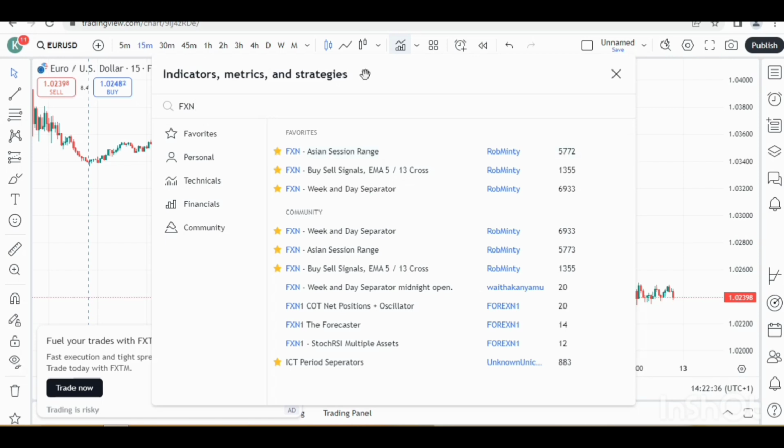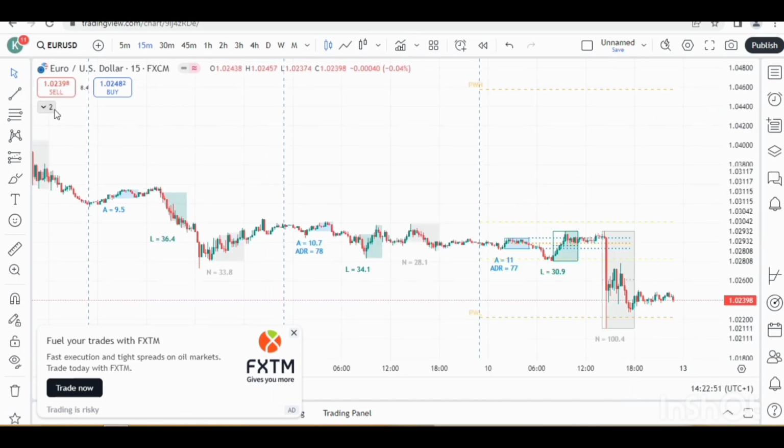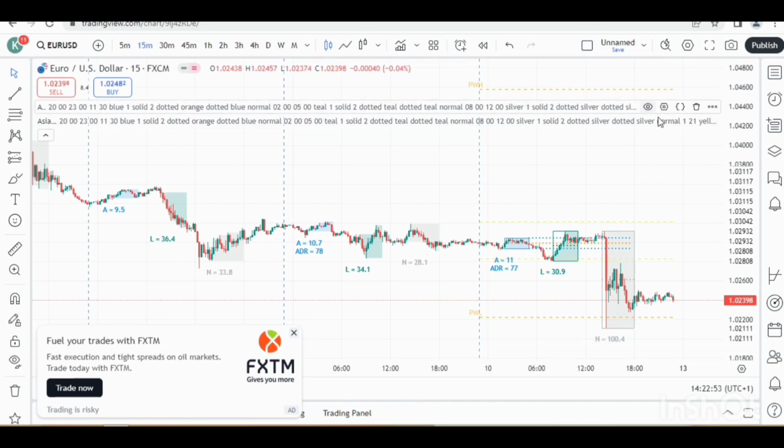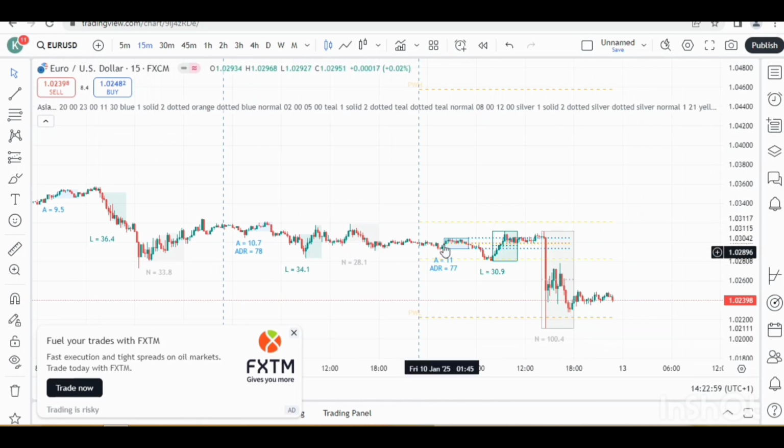So let's add it to our chart. I've added this indicator to my chart, and as you can see, the indicator has been added. This is it here.